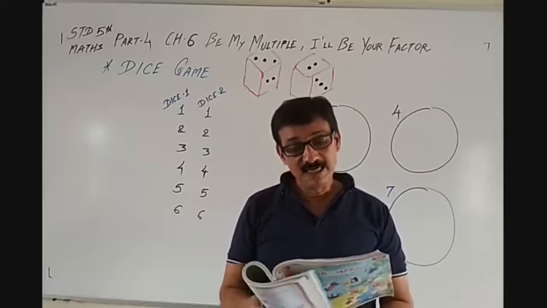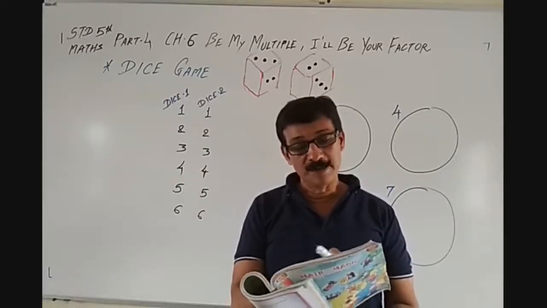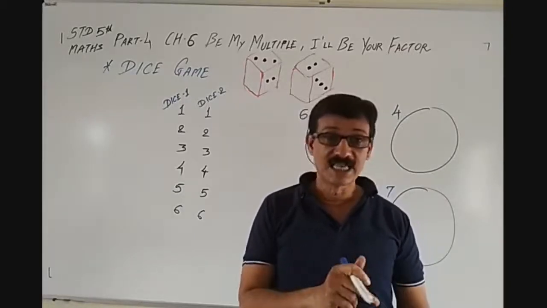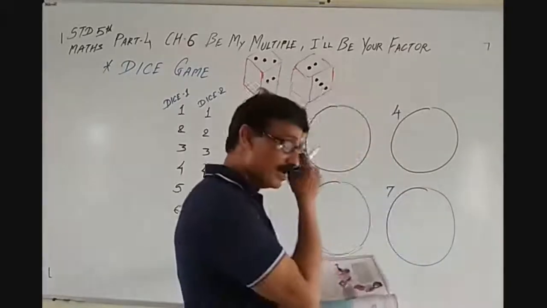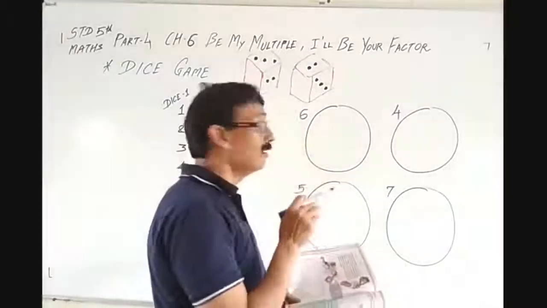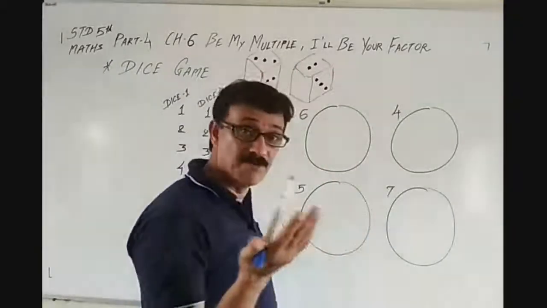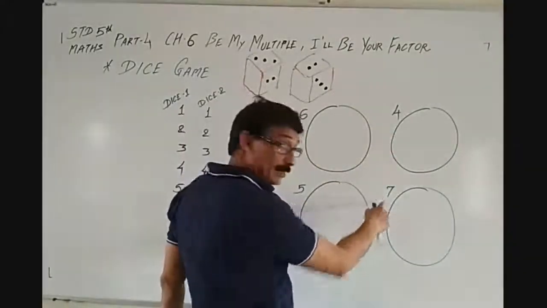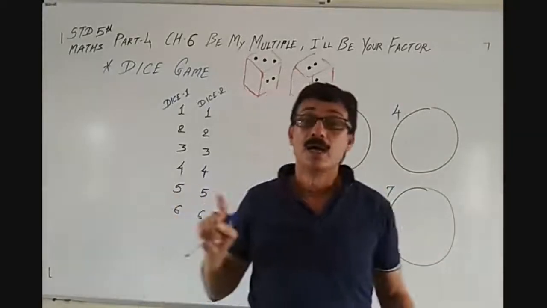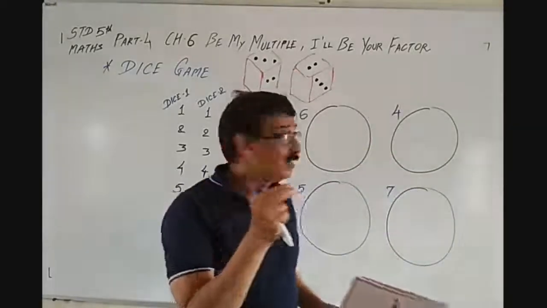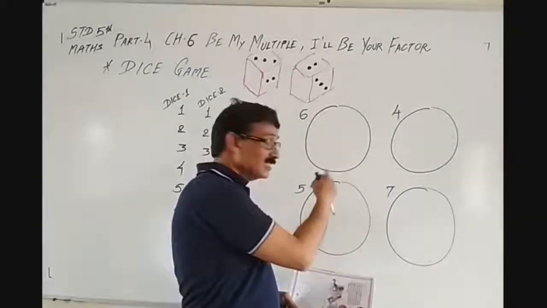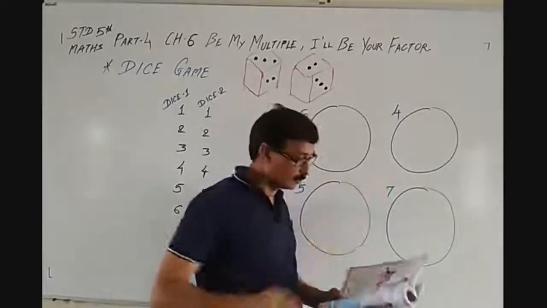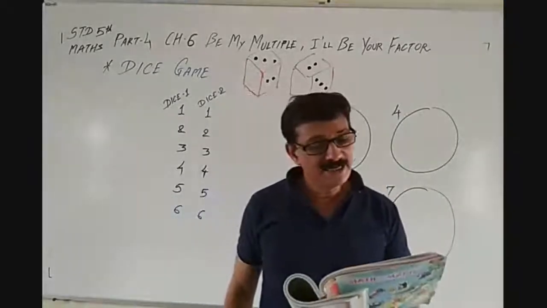If it is a multiple of any of the numbers written next to the circles, you can write it in the circle. Which are these numbers? 6, 4, 5 and 7. So the number which is a multiple of any of these numbers, we will have to write in that particular circle.